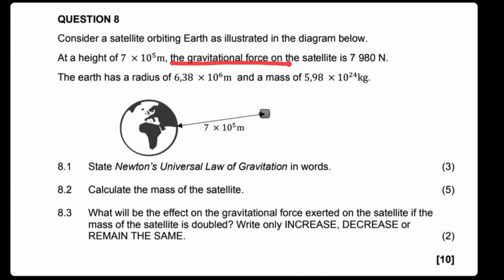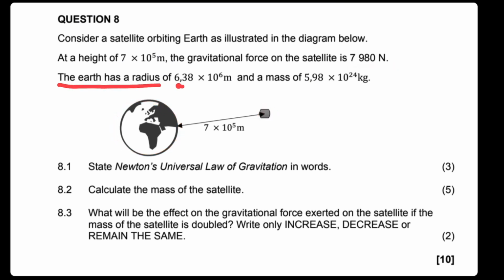The gravitational force on the satellite is 7,980, which means the force that the satellite exerts on Earth is 7,980, and the force that Earth exerts on the satellite is also 7,980.